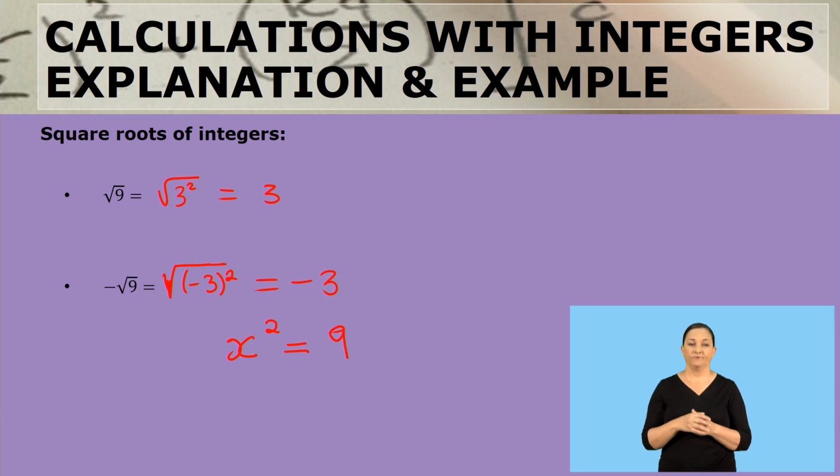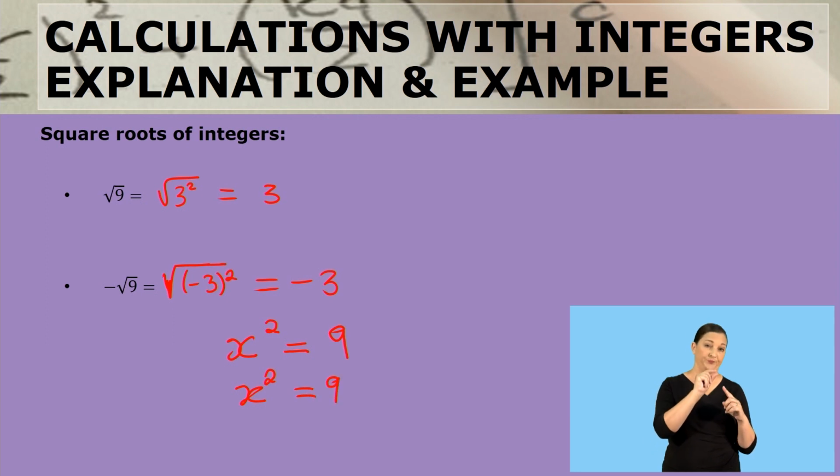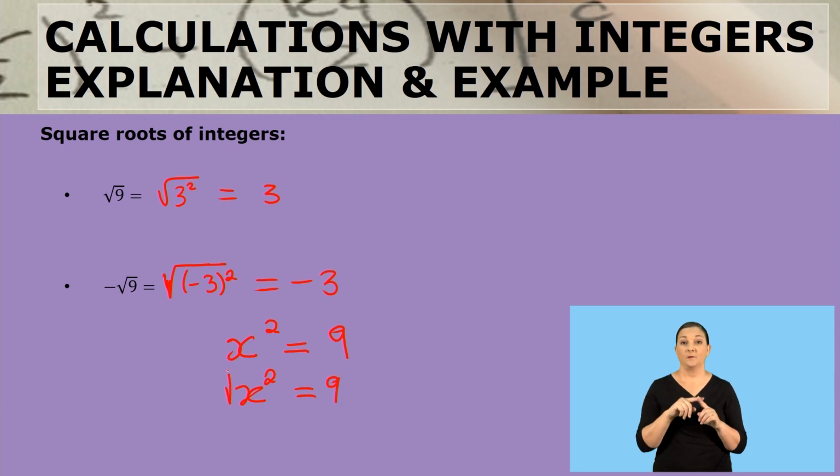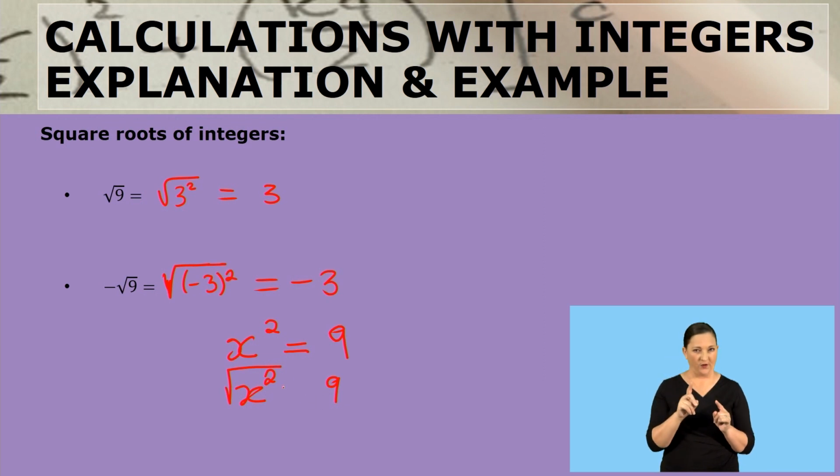We are going to say, okay, this certain number here is equal to 9. We are going to place a square root because we do know that for us to find the square root of a number, we put a square root.